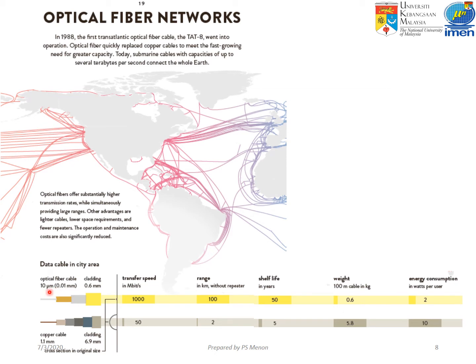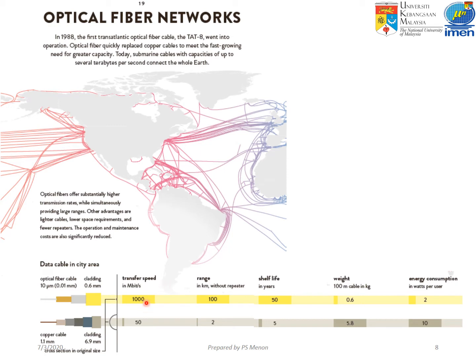In terms of diameter, the optical fiber is 10 micrometers thick, and the cladding is about 0.6 millimeters. In comparison, the cross section of the copper cable is 1.1 millimeters, and the cladding is 6.9 millimeters. So copper cables are generally larger than optical fiber cables.